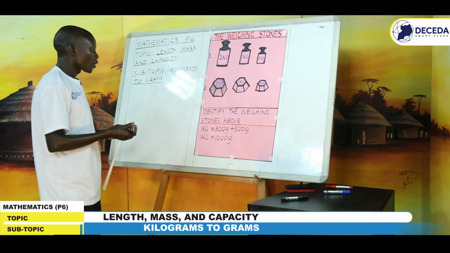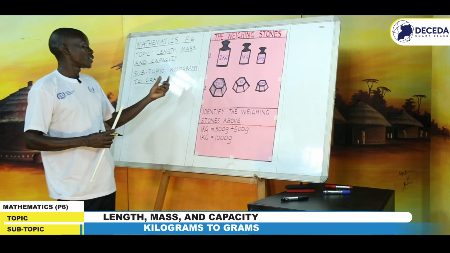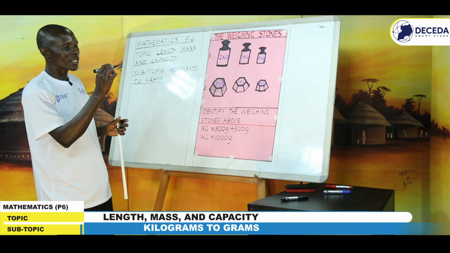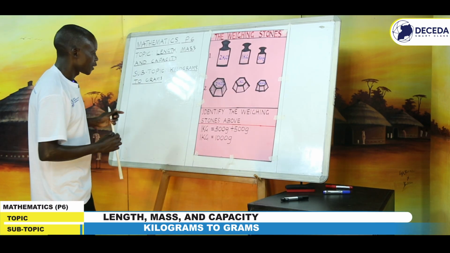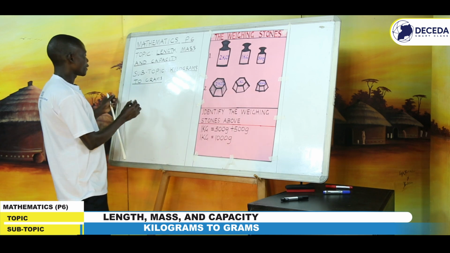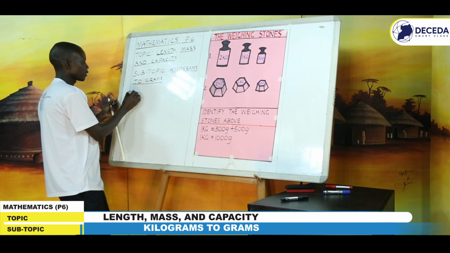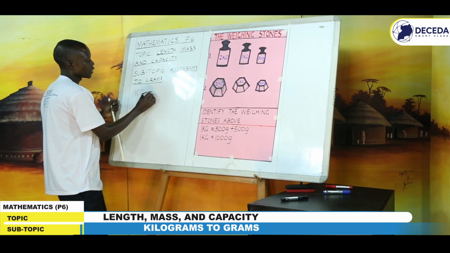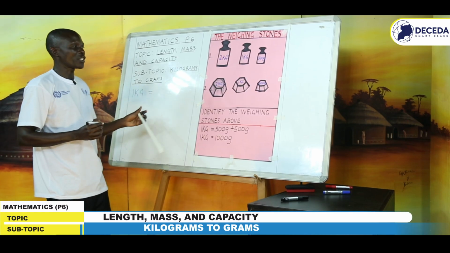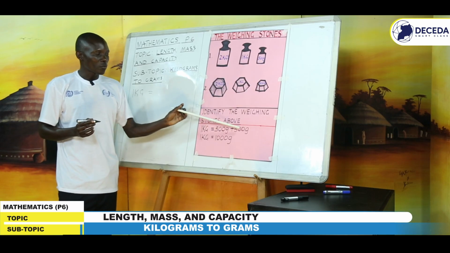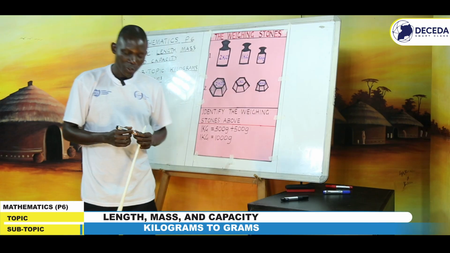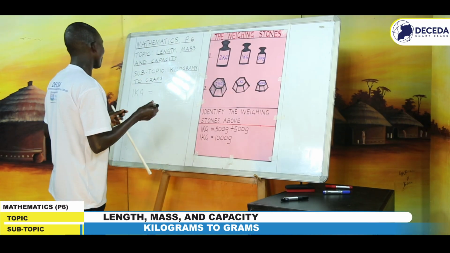Therefore, when we are going to change our kilograms to grams, we expect to have a standard unit that says 1 kilogram is the same as we have seen, 2 of 500 grams. That if we add, what do we get? We get 1,000 grams.